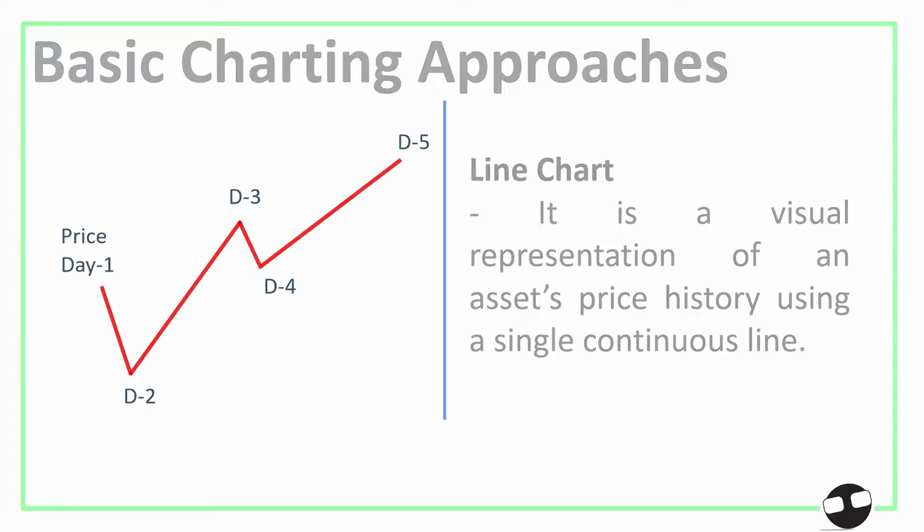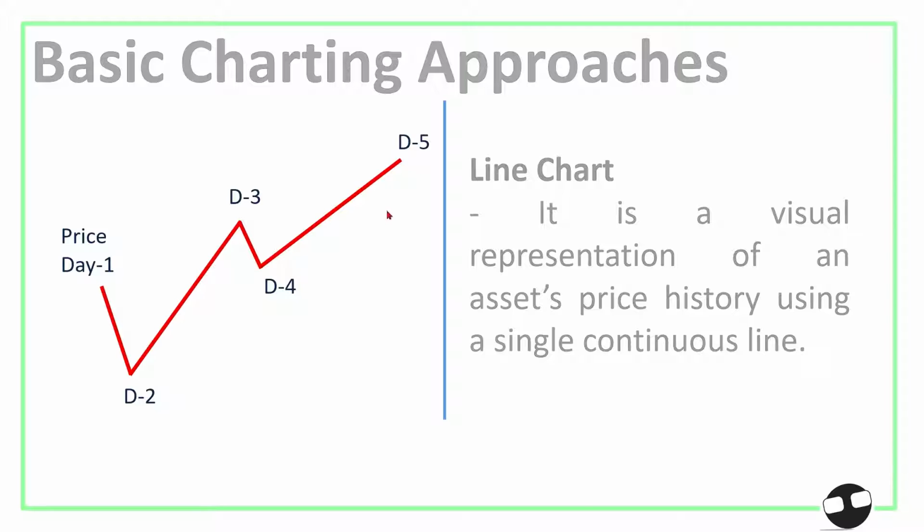Now, this is an example of a line chart. Here we plot the daily price, and then we connect the dots. That helps us understand the direction of the price from day one to day two.